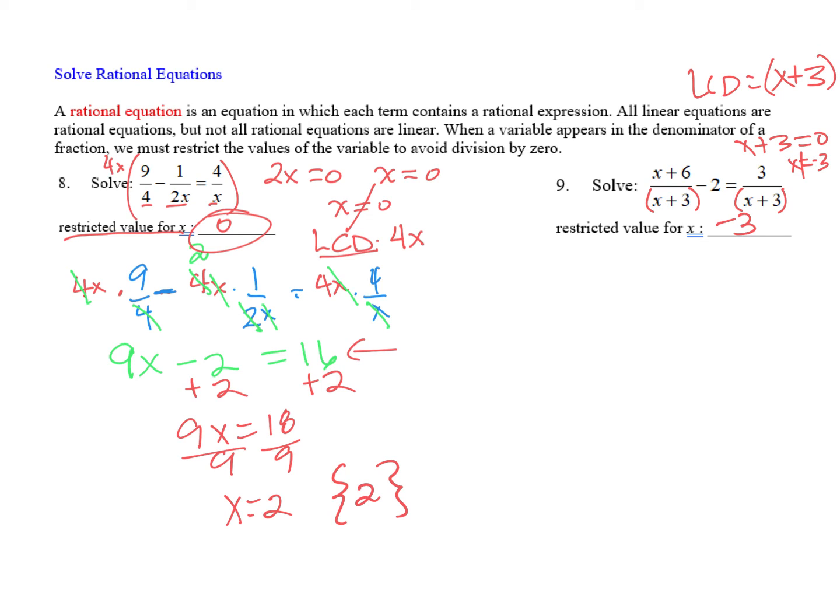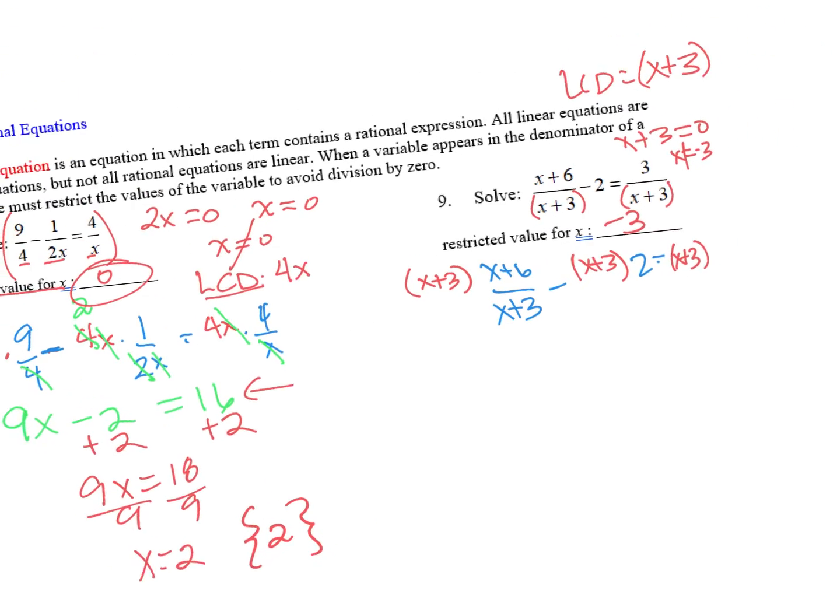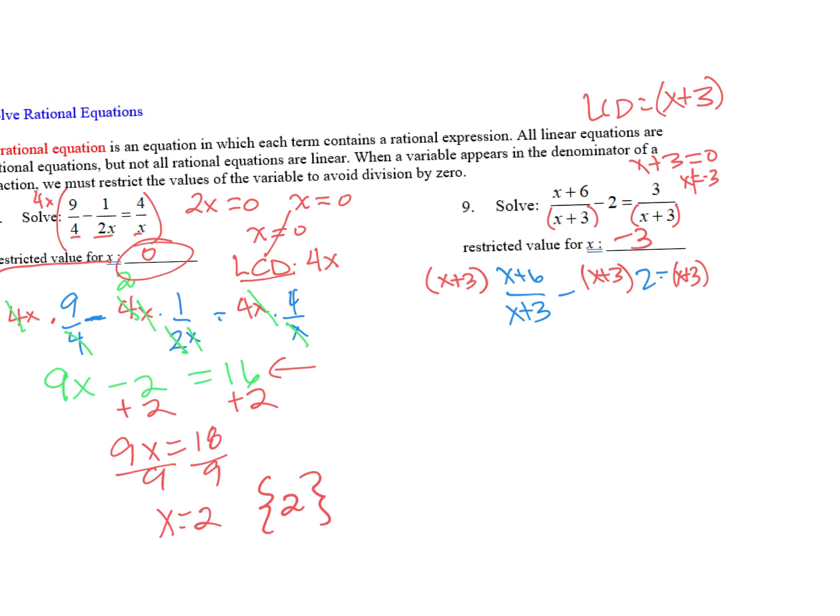But my LCD is x plus 3, so I'm going to multiply x plus 3 times my first fraction, x plus 6 over x plus 3, minus, and I'm going to multiply x plus 3 times 2, and then I'm going to multiply x plus 3 times 3 over x plus 3.